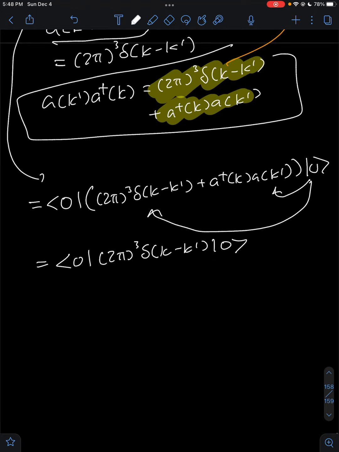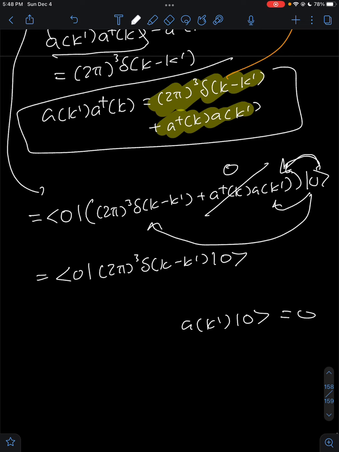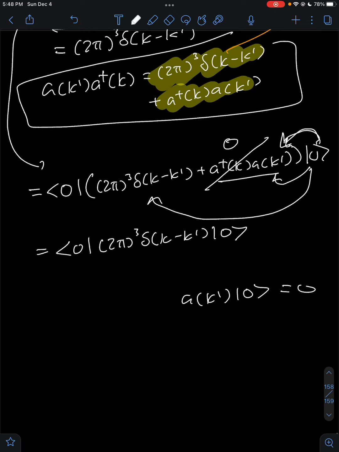And this term is going to go to 0 once acted upon by our vacuum state, because a of k prime times the vacuum state is just 0, right? So once we distribute this onto this part, we're just going to get 0.